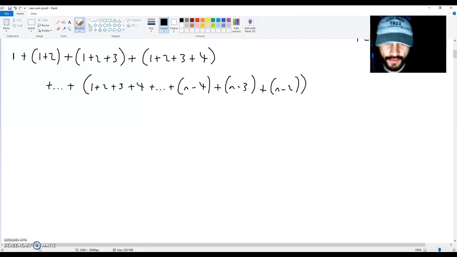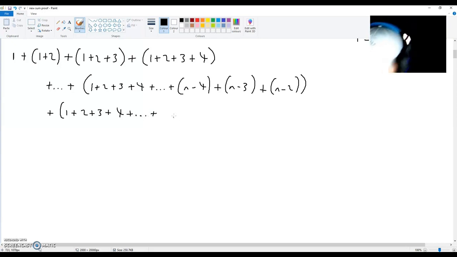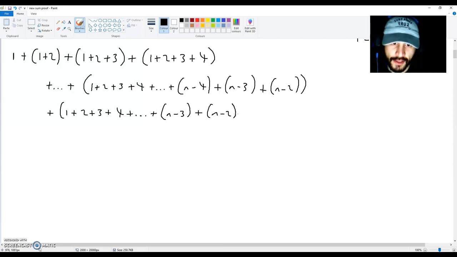What is also going to form part of the description is plus 1 plus 2 plus 3 plus 4 plus dot dot dot plus n minus 3 plus n minus 2 plus n minus 1, all in brackets. Look, it doesn't matter if you don't understand what's going on right now. I'm going to explain it all to you in a matter of moments, so just bear with me here.